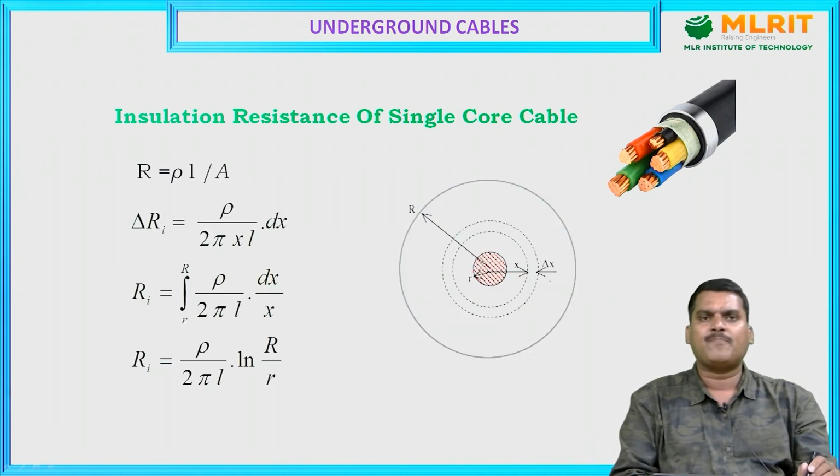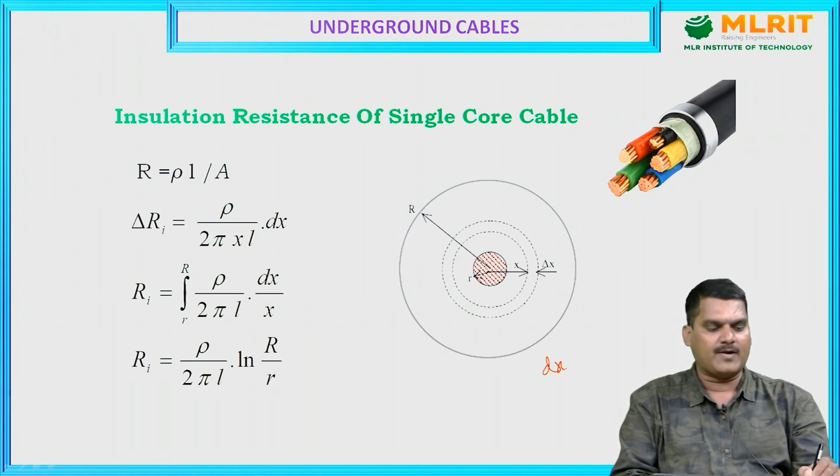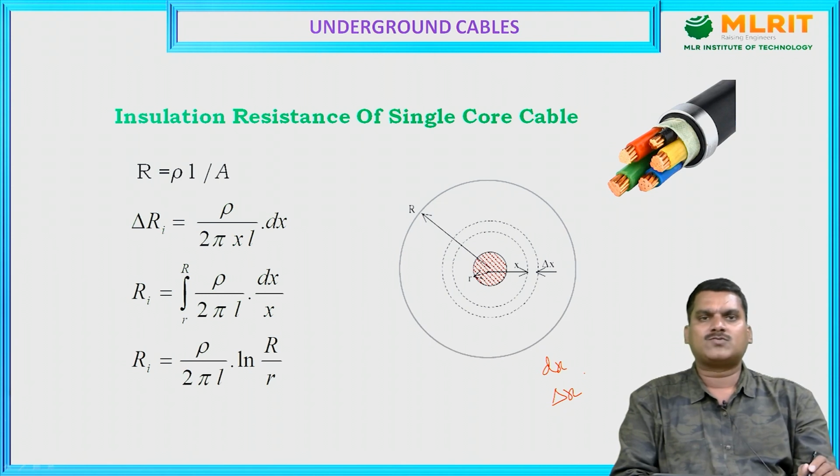This is a cross section view of the underground cable. Within this we have taken a dx length, which we can also represent as delta x. That elemental strip is represented with delta x or dx. Small r is the radius of the conductor and capital R is the total radius of the underground cable.